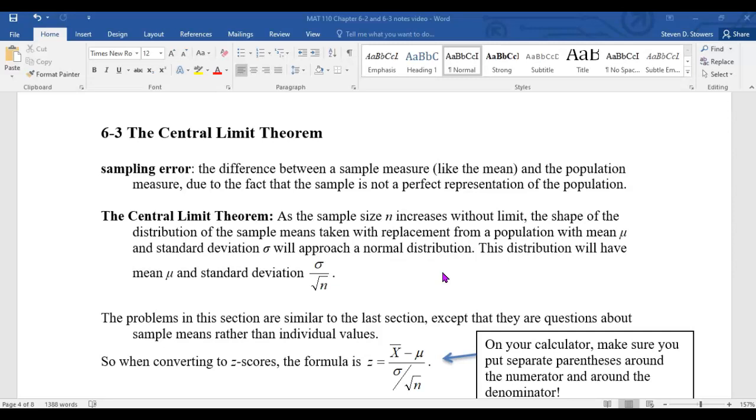And the mean of that normal distribution for the sample means would be the same as the mean of the whole population. And the standard deviation of those sample means would be sigma over the square root of n. It would be the standard deviation of the whole population divided by the square root of the sample size, how many individual flowers or whatever you have in your sample.